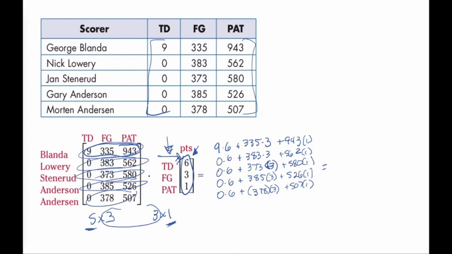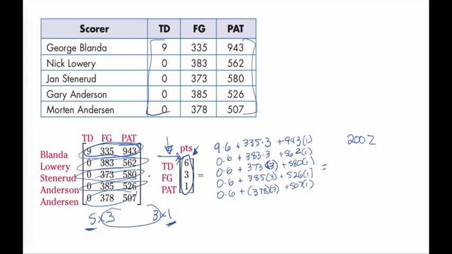And so 9 times 6 plus 335 times 3 plus 943 is a total of 2002 for George Blanda.